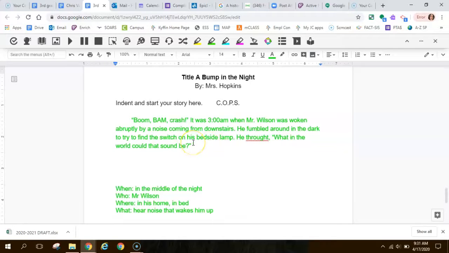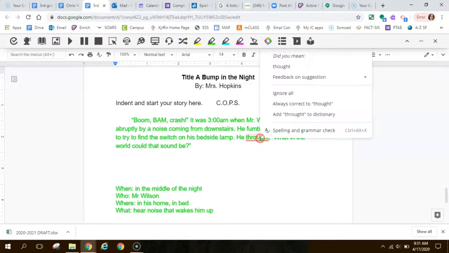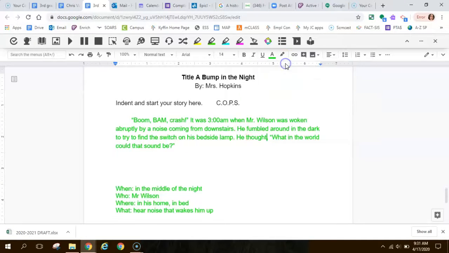And then I've got my end quote. And then you guys probably notice that I do have a spelling mistake because it's very obvious with the red underline. So all I have to do is 2-finger tap onto my mouse pad, and then it says, did you mean thought? Yes, I did mean thought. I didn't mean throt. That's not a word. He thought, what in the world could that sound be?